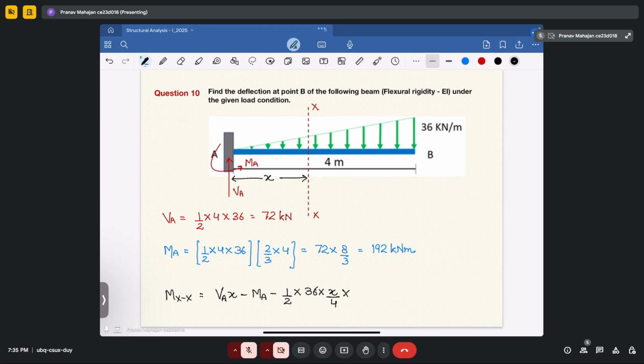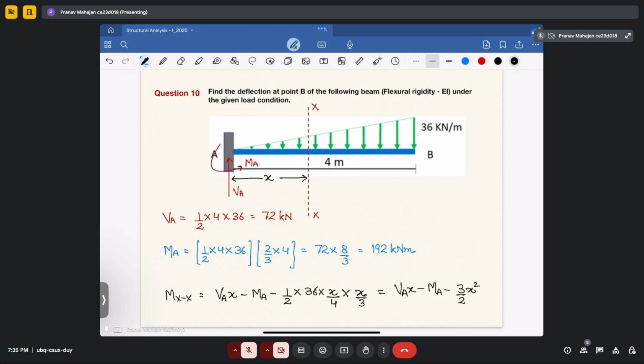Multiply by the distance. That will be H upon 3. Fine. That will be equal to VA into H minus MA and minus 3 by 2 H square. So this you got the moment at any particular section.